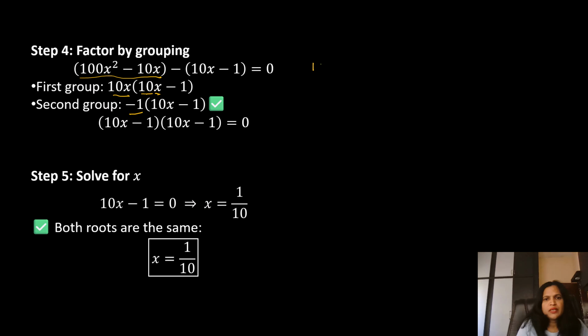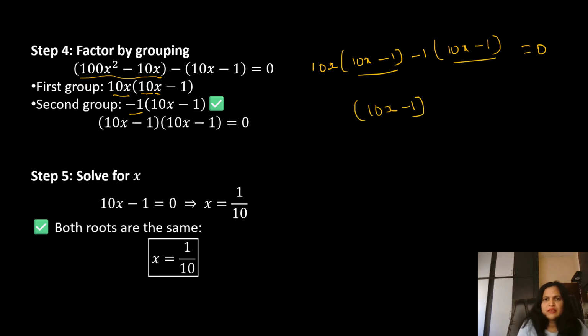So next step: 10x into the bracket 10x minus 1, minus 1 common, 10x minus 1, equal to 0. The common factor is 10x minus 1, 10x minus 1. Write one in one bracket and in another bracket write this 10x minus 1.